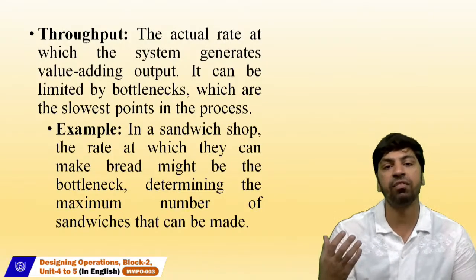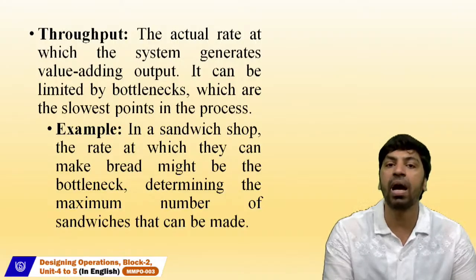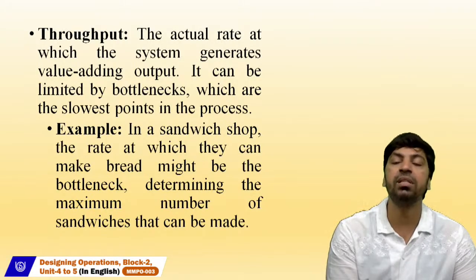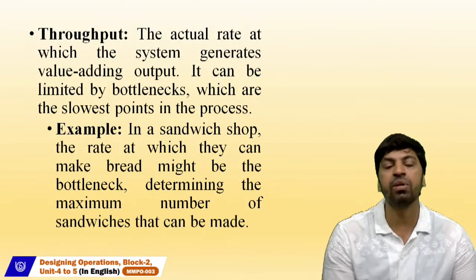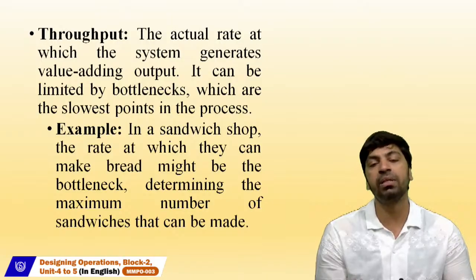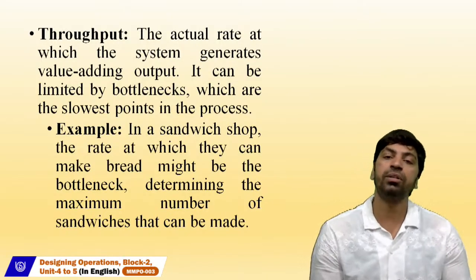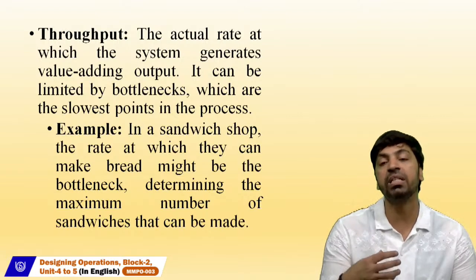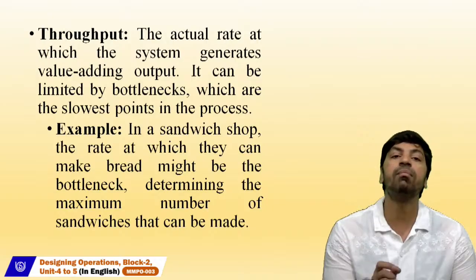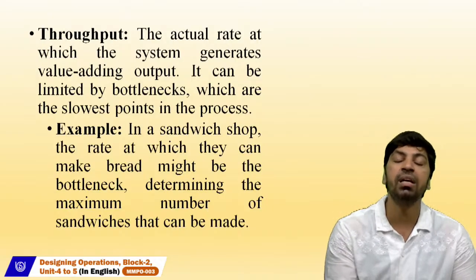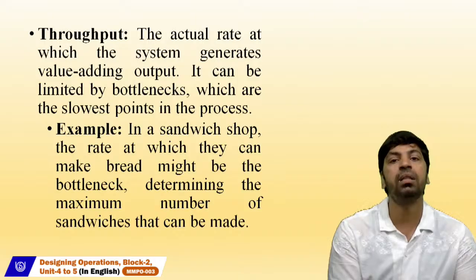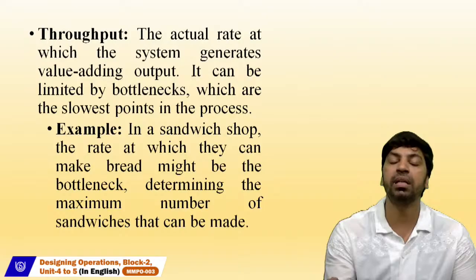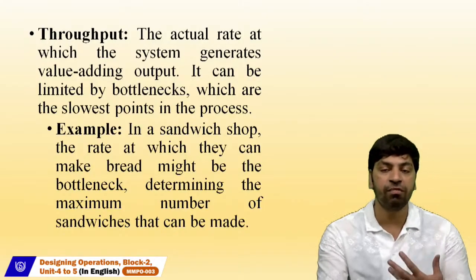slow. And of course, on the other hand, it is also required to determine the maximum number of sandwiches that can be made. So in this example, a limiting factor could slow down the process, but on the other hand, if we determine the maximum number of sandwiches that can be made, we can easily prepare the bread in a few minutes or in a few hours.